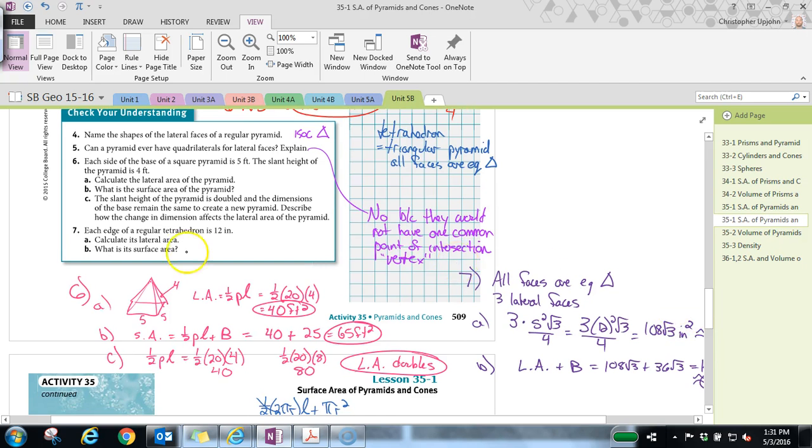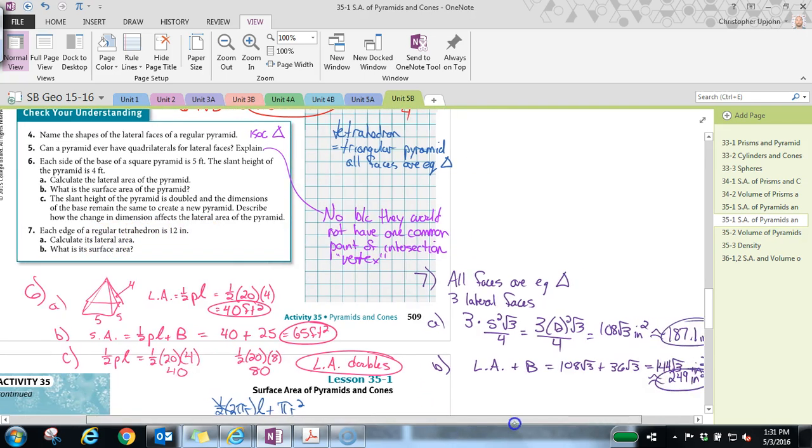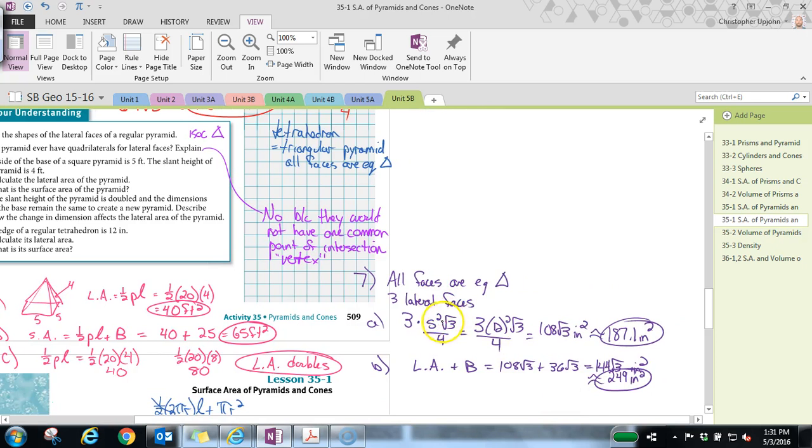Number 7, we're looking at a regular tetrahedron again. So 4 triangular faces. Calculate its lateral area. Easiest way to do it, there are 3 equilateral triangles, so 3 times our formula for equilateral triangle, s squared root 3 over 4, with an edge of 12.